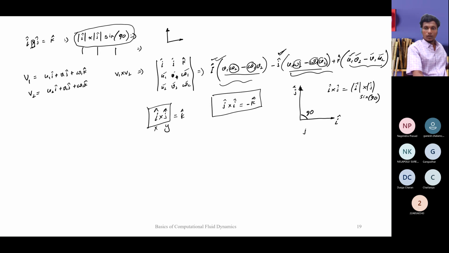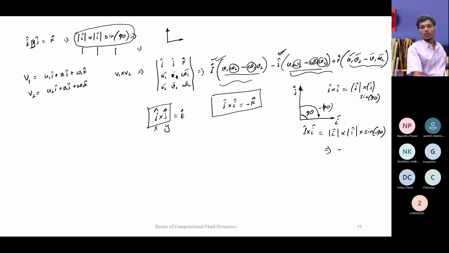If you are going in the backward direction, j cap cross i cap, that is in the clockwise direction. What is our clockwise sign convention? That is minus 90. If you substitute the same, your modulus will not vary, but your sign convention says sine of minus 90. Sine of minus 90 is not cos to make it positive.